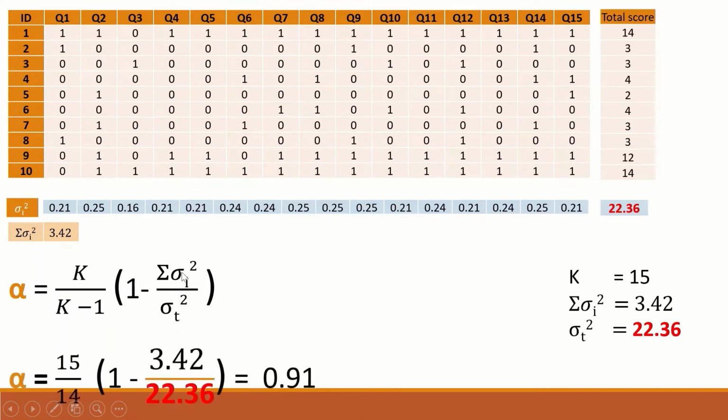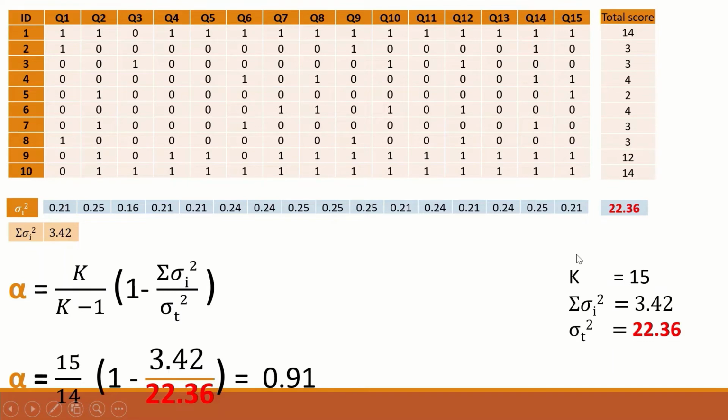Then using the equation here and inserting the value for each letter and symbol, we use k divided by k minus 1 multiplied by 1 minus the summation of variance for items divided by the variance for the total score.